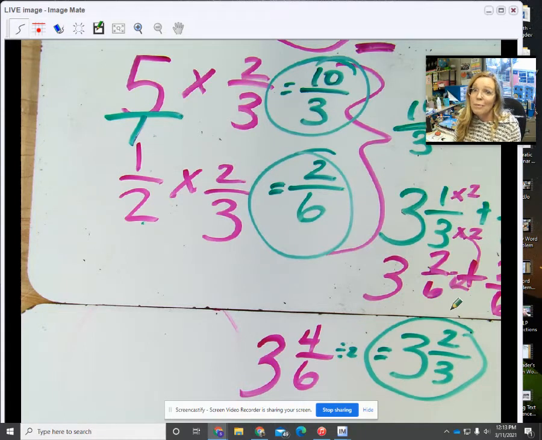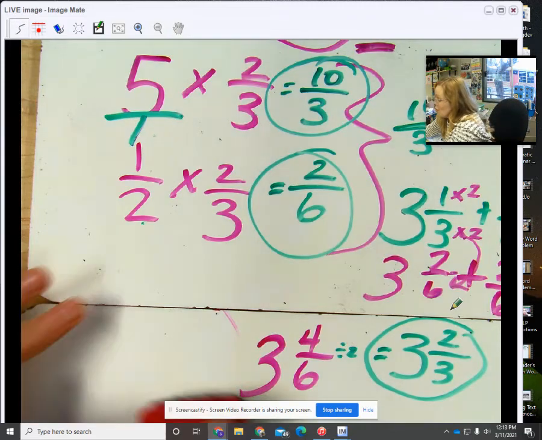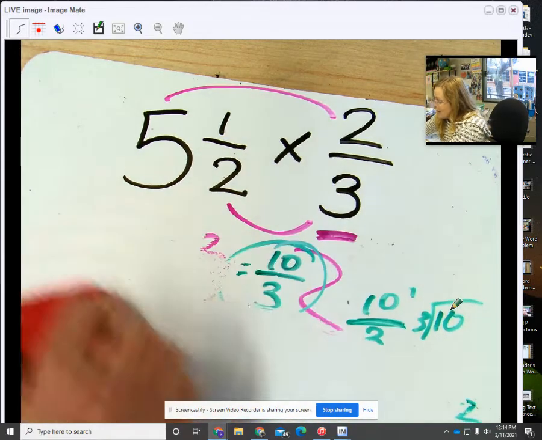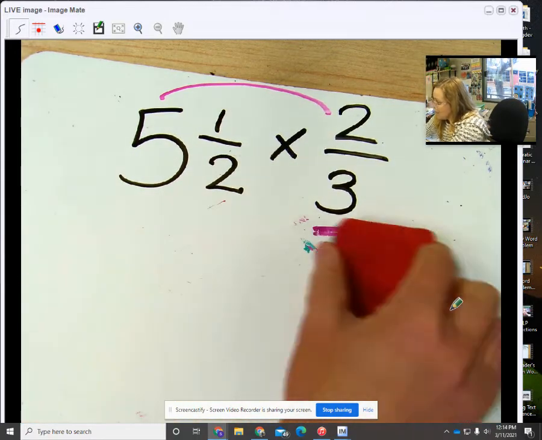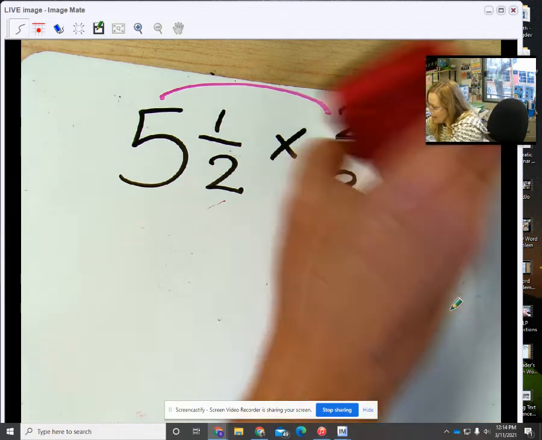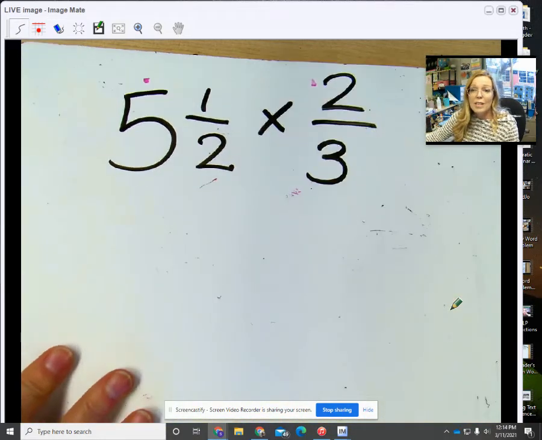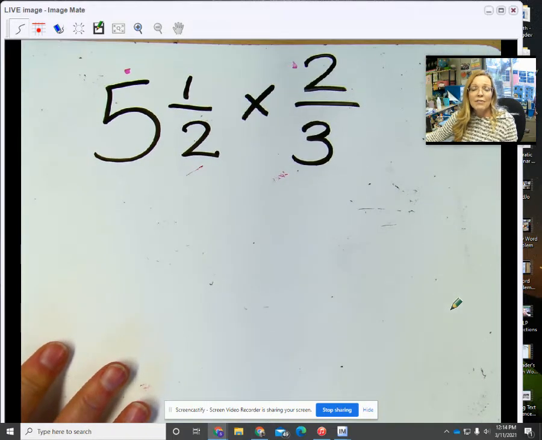Would you like to see a more efficient way to solve? Yes. So if that's too complicated, too many steps, that includes all of our fraction operations right there in one problem. There is a more efficient way. And with math, we're always looking for math tricks and ways to make things more efficient.